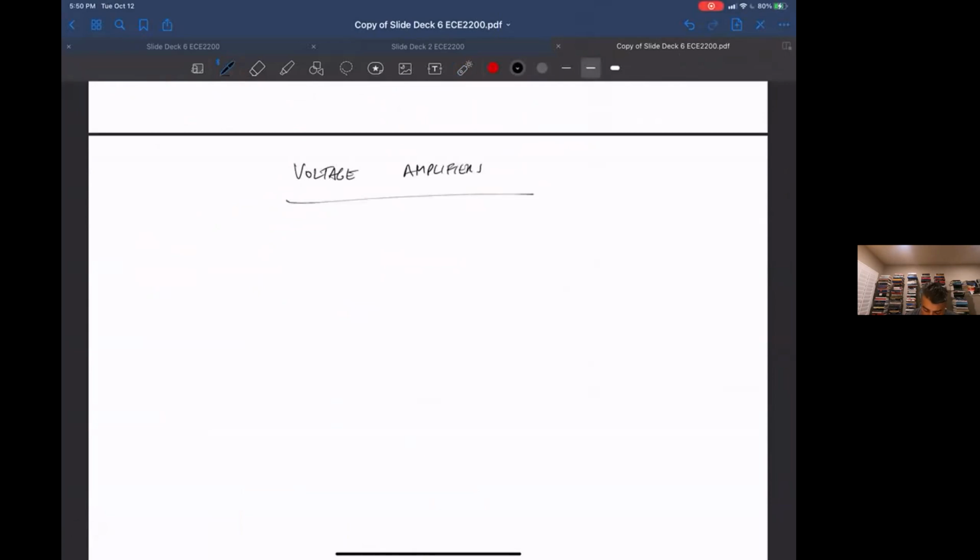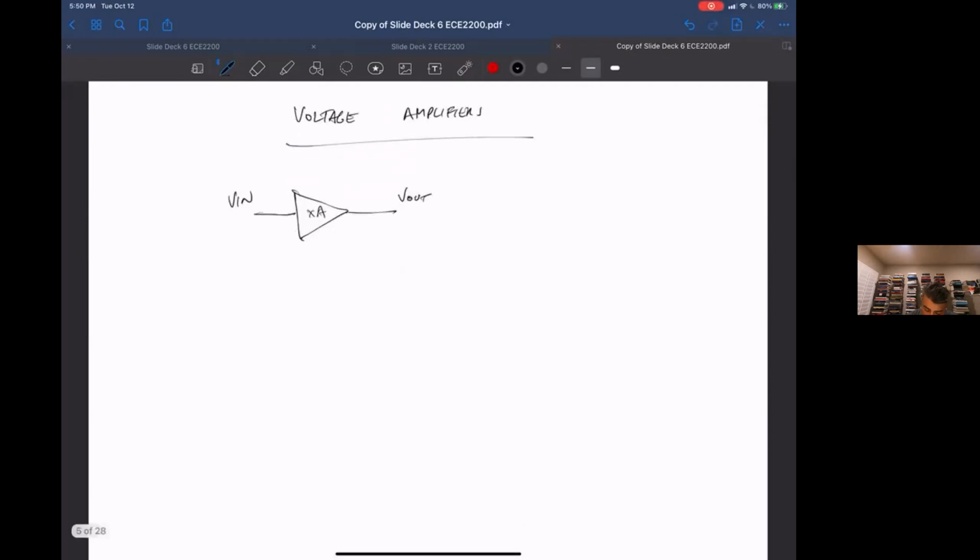What that means is you have an input signal, an output signal, and you have a certain amount of gain. Let's say, for example, a gain of 2.